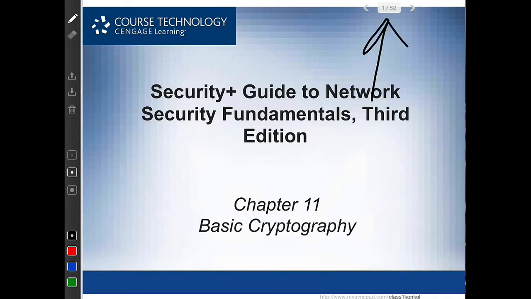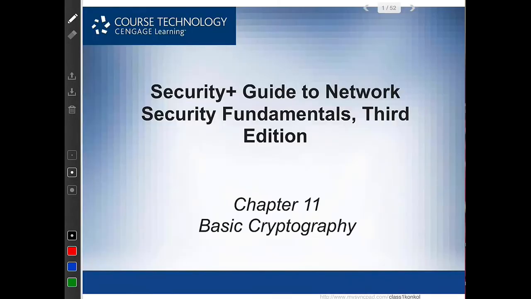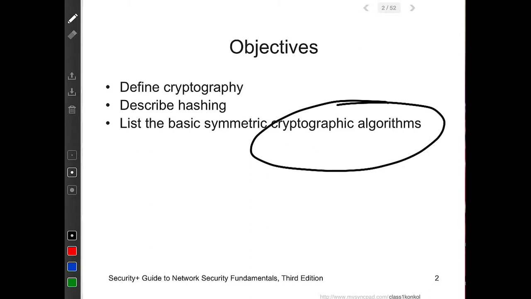That's how many pages are in here. As I advance the slides with the right or left arrow on the upper right corner, the users on the other end that enter in that mysyncpad.com class1concal see the markups or whatever I'm adding to this as it's happening.